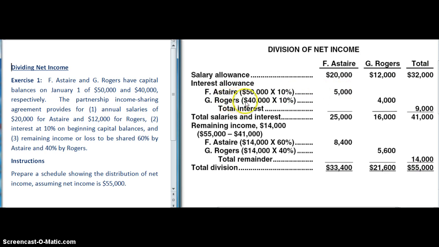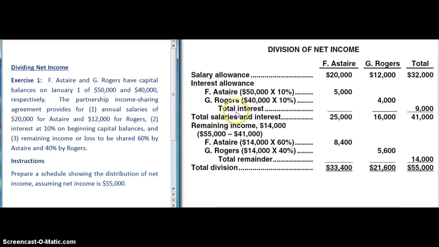Similarly for Rogers, $40,000 capital into 10% interest on capital, which is 0.1, gives us 4,000 interest allowance for Rogers. And then you have a total interest of 5,000 plus 4,000, which is 9,000.